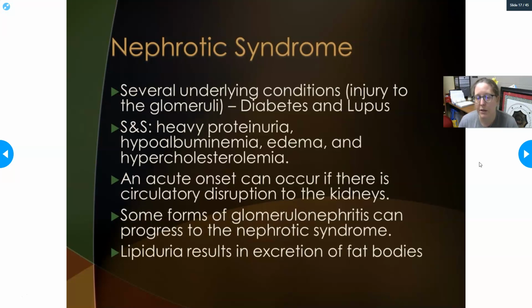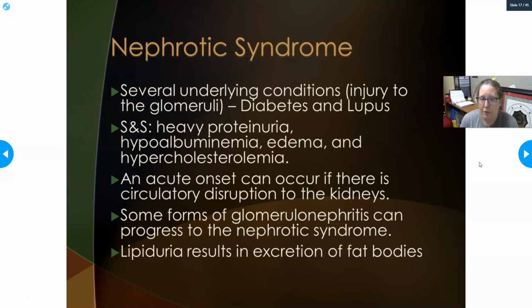Edema, which is swelling because there's going to be fluid maldistribution because the albumin is lacking. Albumin normally holds fluid in its location, so if there's no albumin in the blood, the fluid will leave the blood and go settle other places.